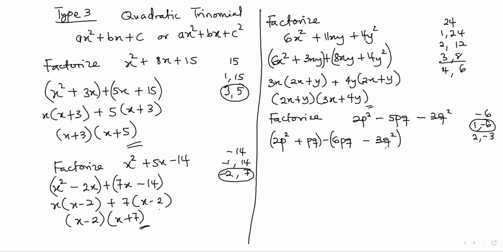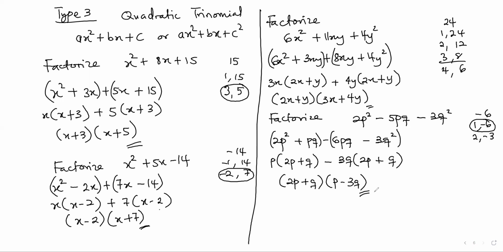We group them. So what's common? We have p. So that would be 2p plus q. What's common? We have 3q. So that will be 2p plus q. So what's in the bracket are the same. So we pick one. Then outside the parentheses also in one bracket.